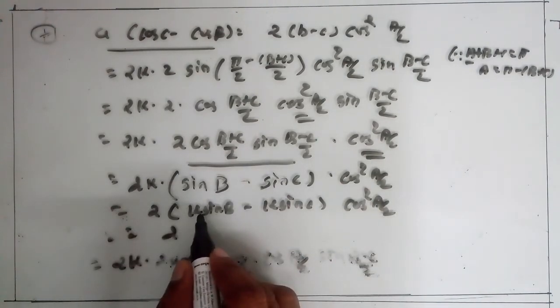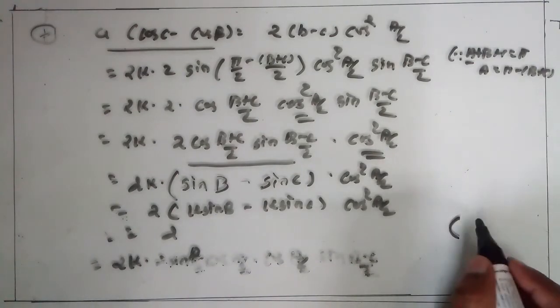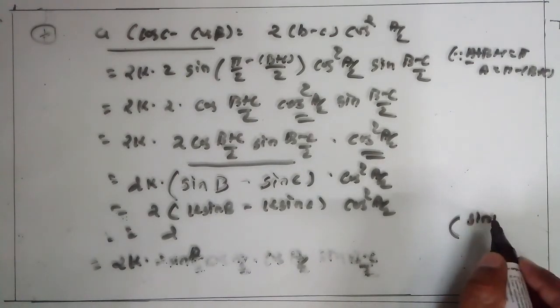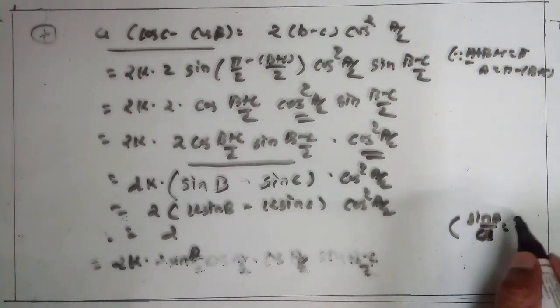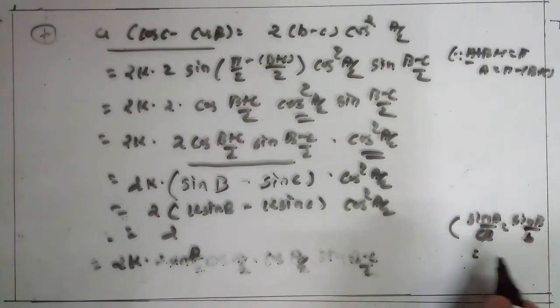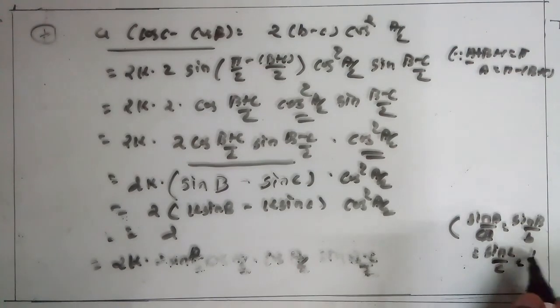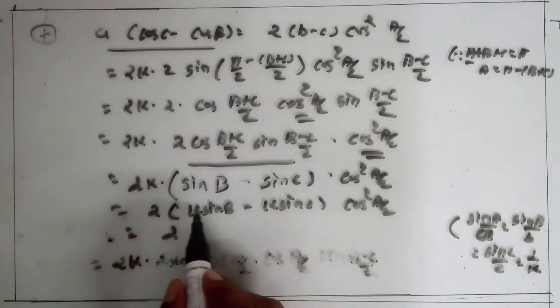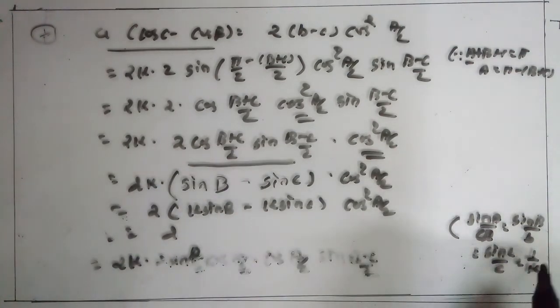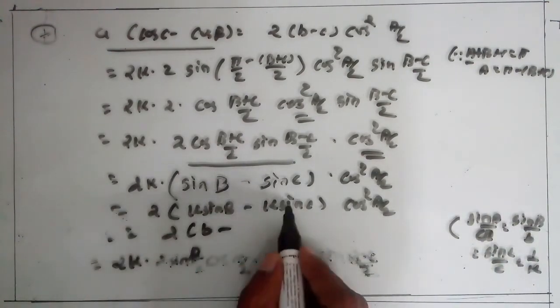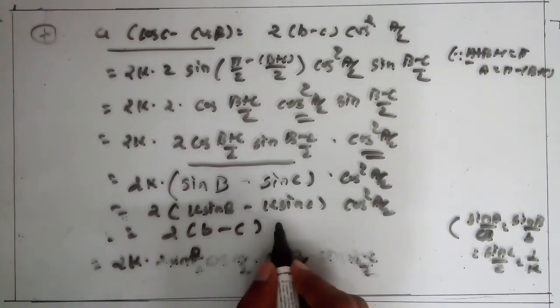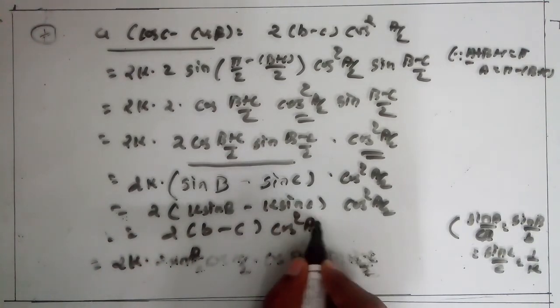Here k sin B is equal to, we know that sin A upon a is equal to sin B upon b is equal to sin C upon c is equal to 1 upon k. So k sin B is equal to b. So this becomes b, minus c, into cos square A by 2.